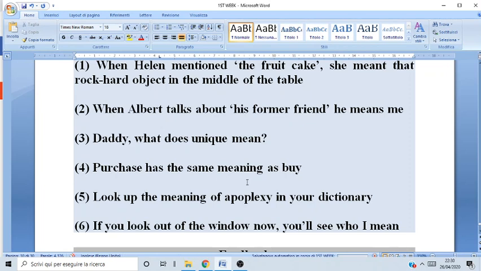Purchase has the same meaning as buy. Look up the meaning of apoplexy in your dictionary. If you look out of the window now, you'll see who I mean.